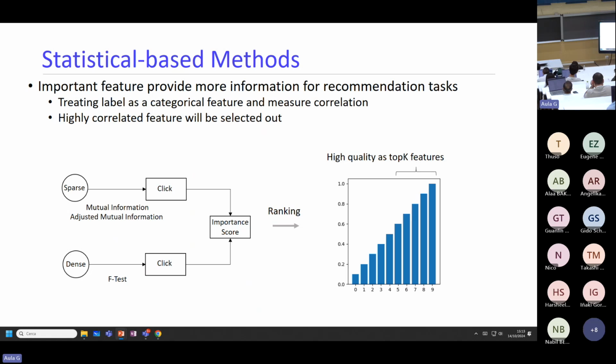For example, if we have many sparse features, we can measure the mutual information and adjusted mutual information with the click behavior, and we can know which one can provide more information for click. And for dense features, we can use the F-test. After we have the importance score, it is better to normalize them to between 0 and 1. After the normalization, we can rank them and select the top key features for our following system.